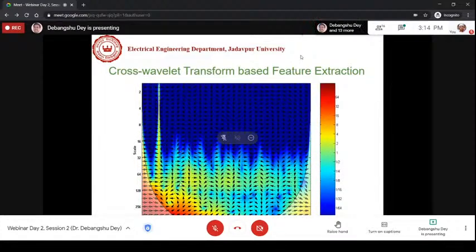If we magnify this plot, it looks like this. The red region means higher value. For this curve, the x-axis is the time axis and the y-axis is the scale. Scale is basically the inverse of frequency, so for the time being we can say it is a frequency axis.